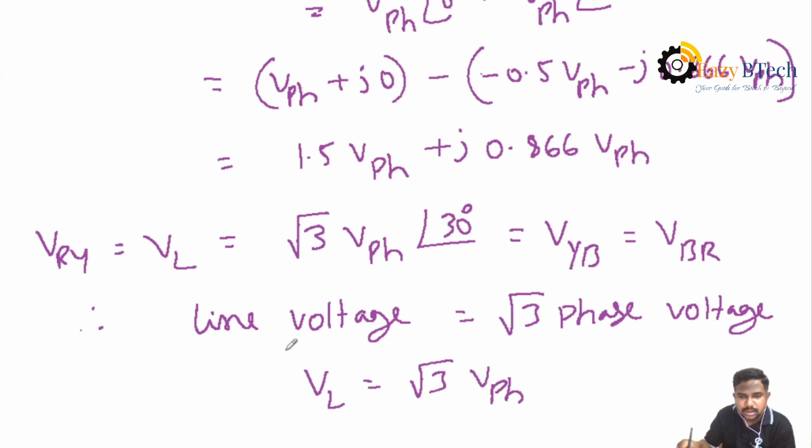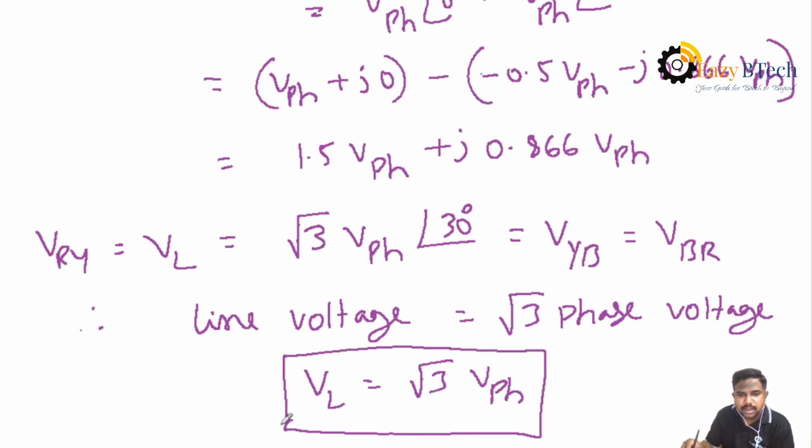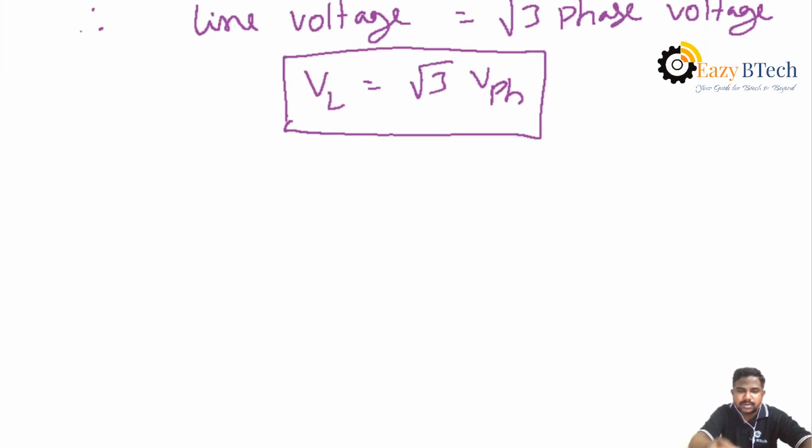So this is the relation between line voltage and phase voltage. In case of star connection, VL equal to root 3 VPH.